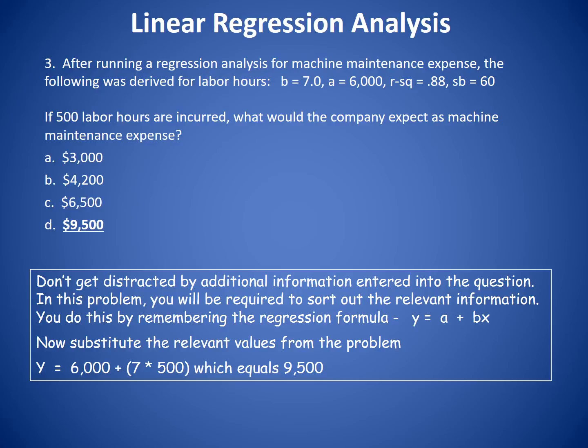You do this by remembering the regression formula again. y equals a plus b times x. And all you have to do is substitute the relevant values from the problem, and you'll notice SB is never a factor in the equation, so you don't even have to worry about that. So that's the answer to question number 3.